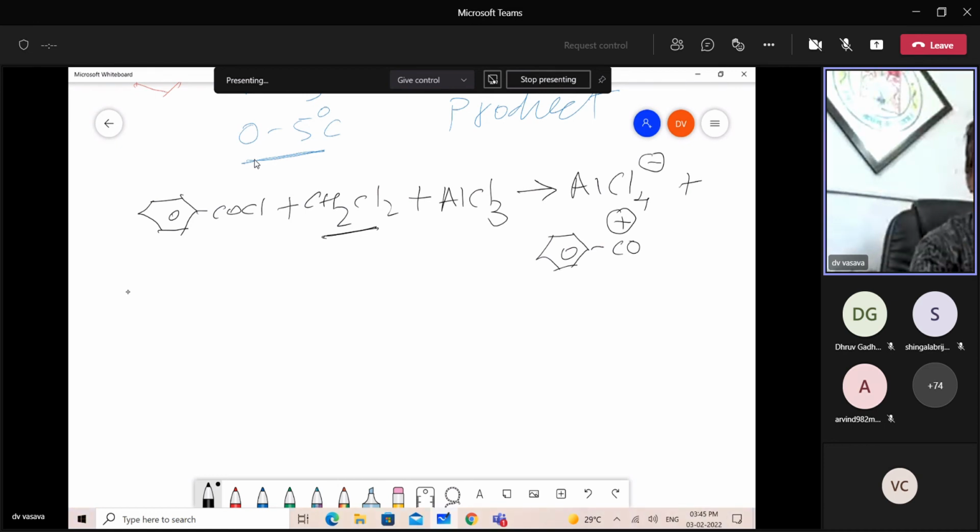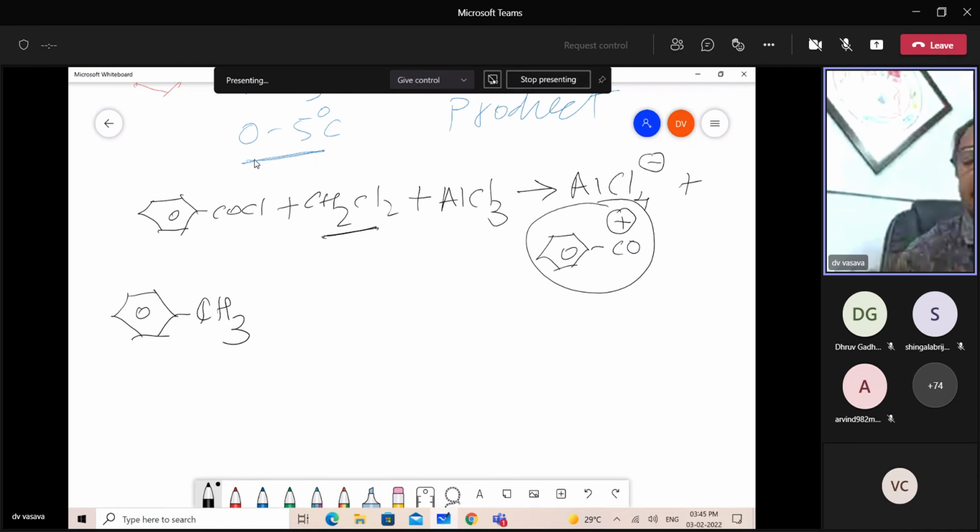Now you will take the toluene, CH3. Now it does not have any functional group. The substituent is the CH3, but it is highly unreactive. So this electrophile will not react with the methyl group.